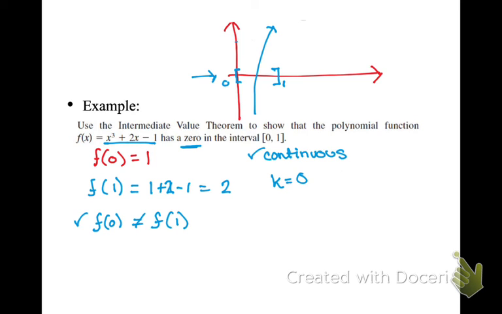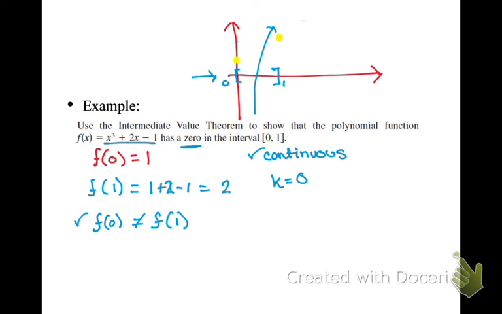So, f of 0 is 1. Actually, f of 0 is not 1, because the answer is no compared to this. I have 1 and I have 2. If f of 0 is 1 and f of 1 is 2, is there a 0 in between those two things?